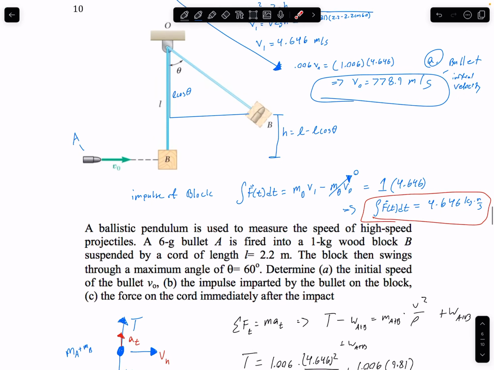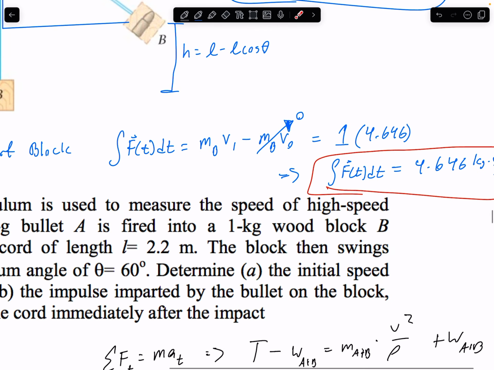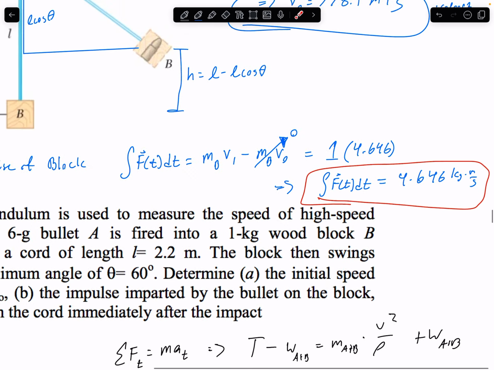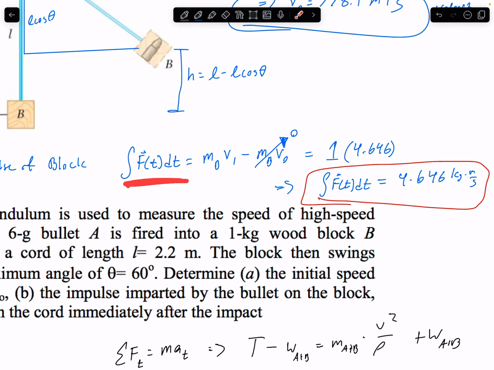And then we know that the impulse on the block, initial velocity equals 0. We know that the velocity after, and then the sum of the forces, this is what we're looking for. And we know that the velocity after is equal to 4.646 meters per second, and the mass is equal to 1.